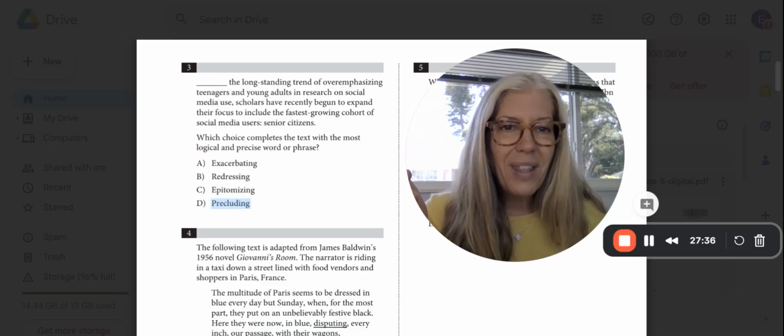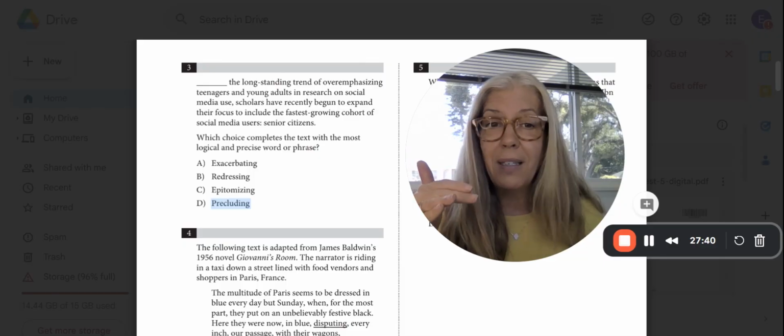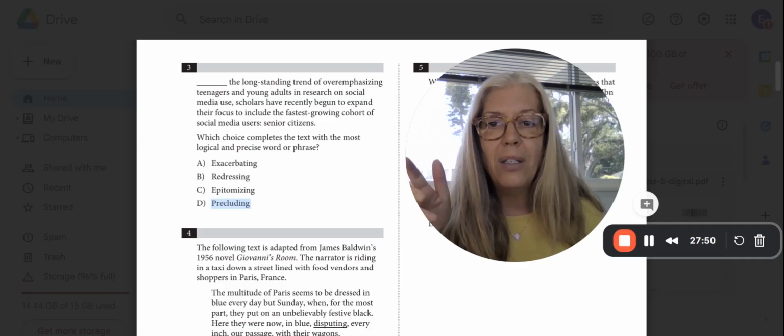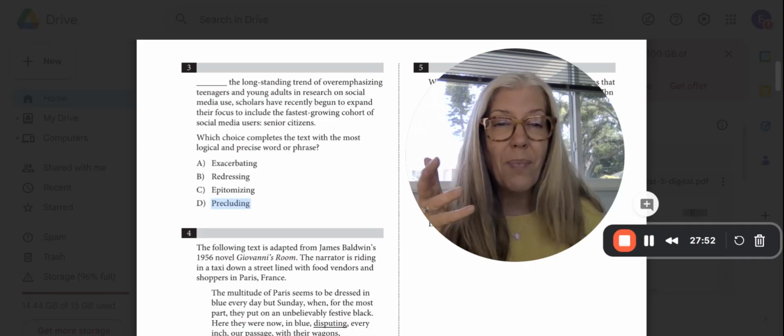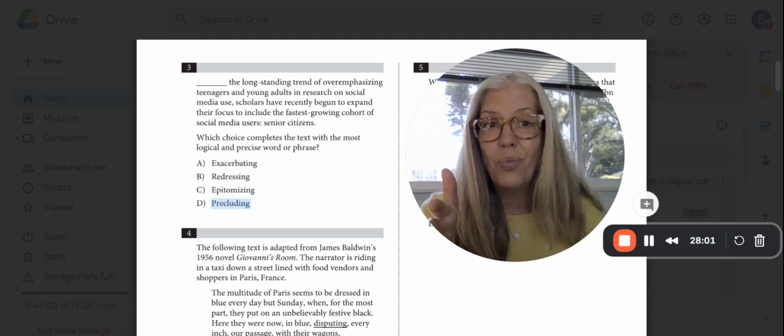So if I'm going to play the game, again, I told you sometimes this is a game of prefixes and suffixes, then I would probably narrow it down to redressing or precluding. Redressing means going back and fixing something in the past. And precluding would mean it came way before. And essentially what I'm trying to find up here is rewind.